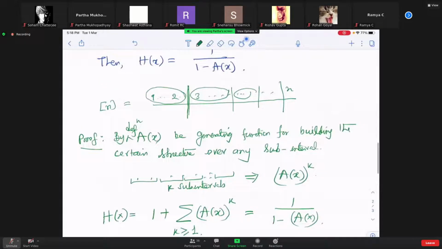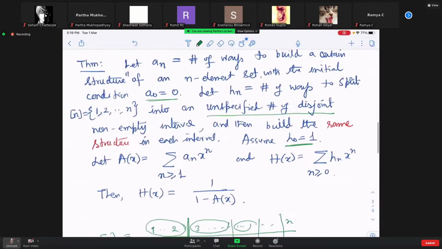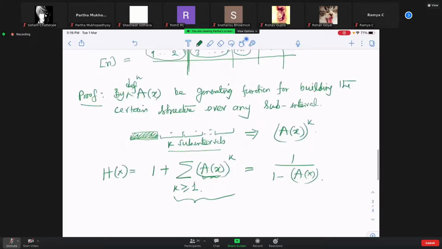Okay, so when there are k subintervals, every interval has its generating function A(x), right? Because after the interval is specified, you are trying to build a certain structure in this interval, an abstract statement, and for building that structure you have a generating function A(x). That's by definition. Now when you have k intervals, every interval independently contributes a generating function A(x).